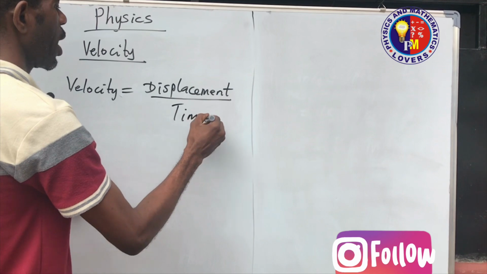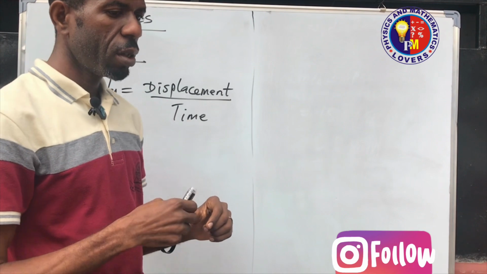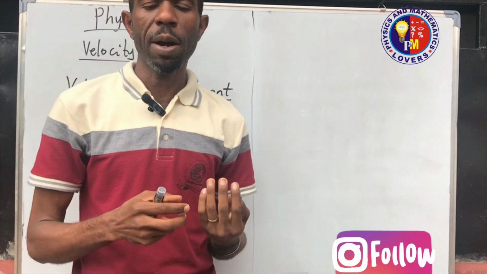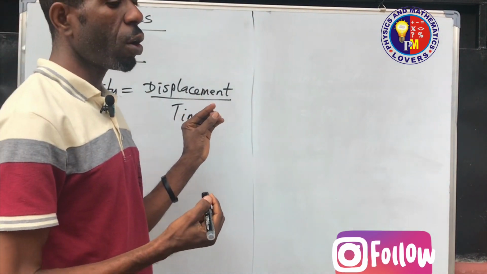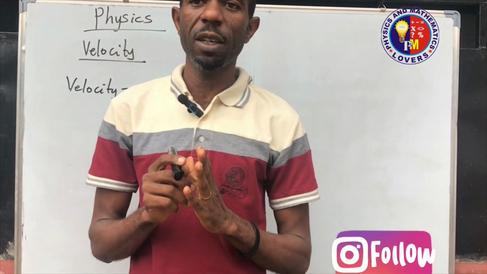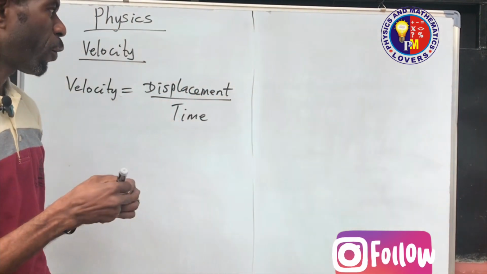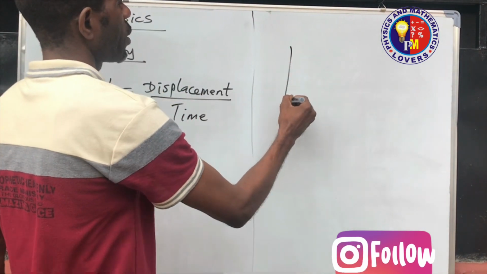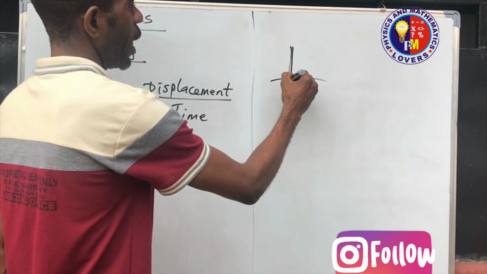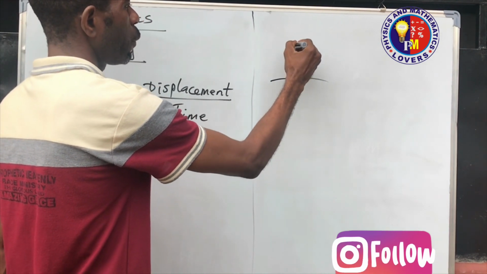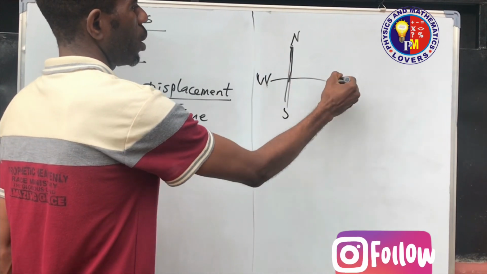Now, somebody asked me, what's the difference between displacement and distance? Since when we talked about speed, speed talks about distance. Yes, displacement talks about a specific distance in a particular direction. For example, let's look at your 4 cardinal points. When an airplane decides to fly from the north, this is your north, this is your south, this is your west, this is your east.